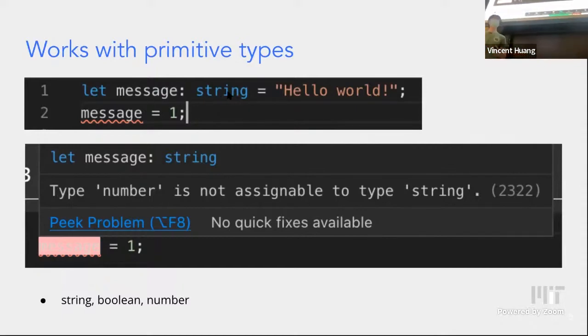And now later on, if I forget that message was supposed to be a string, and then I set message equal to 1, VS Code will complain that there's an error here because you're trying to turn a string into a number and you can't do that directly, right? You can do this with other types like booleans and numbers. And basically use this colon syntax to set the type of a variable.